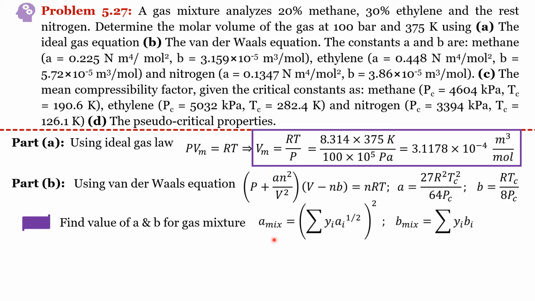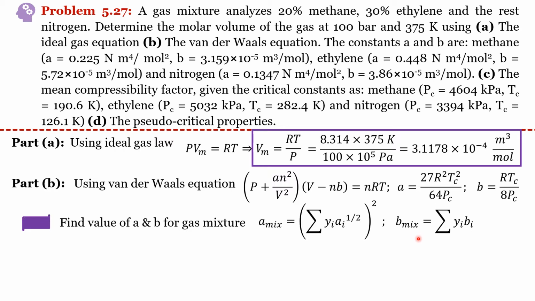A for the gas mixture can be estimated as the summation of yi ai raised to the power 1/2, whole raised to the power 2. Here yi is the mole fraction of the ith component and ai is the constant for that ith component.